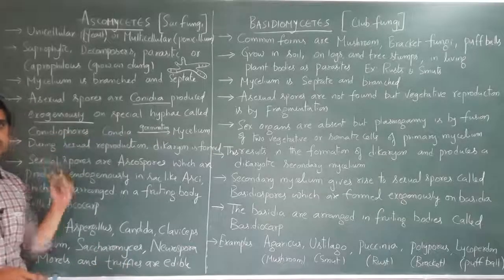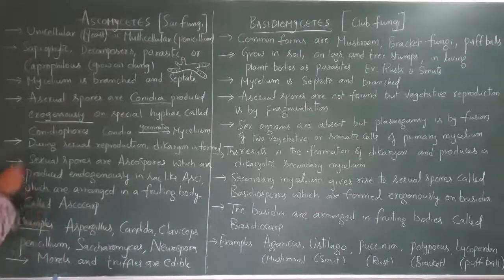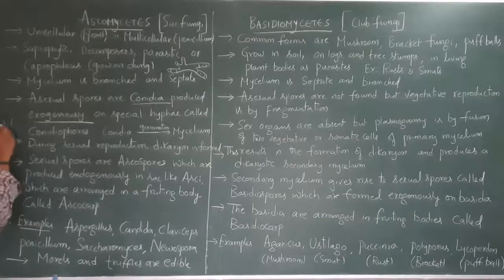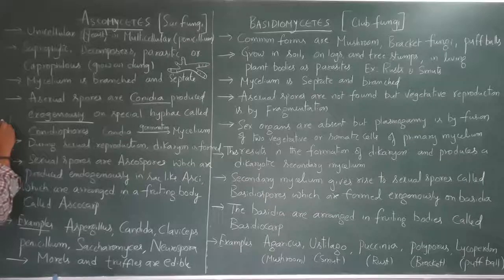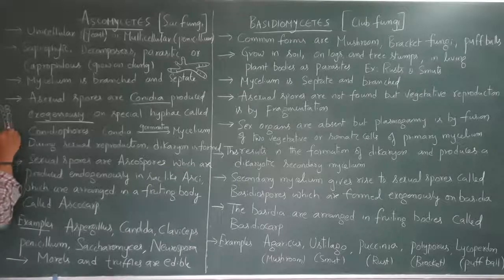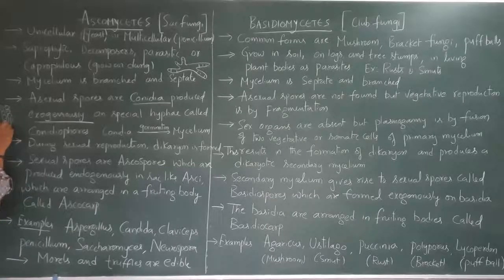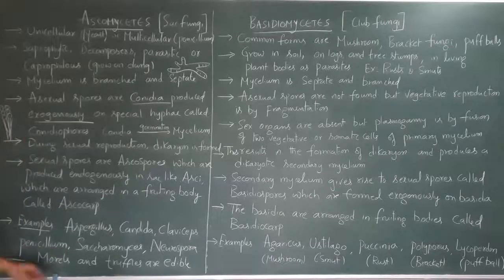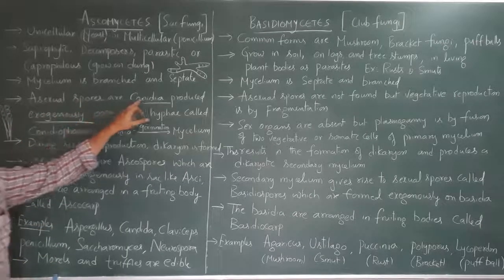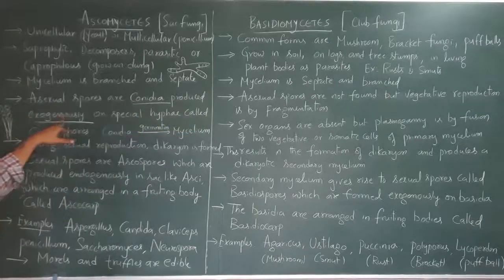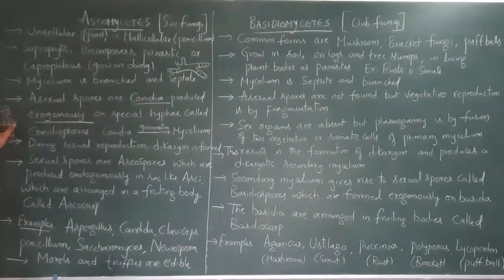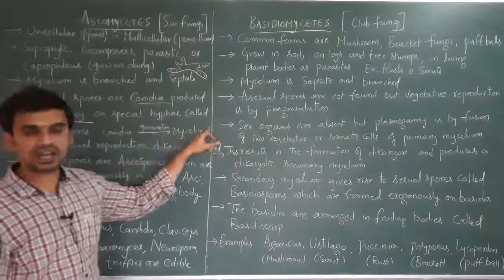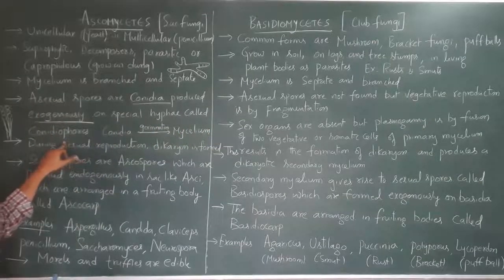Asexual spores are conidiospores or conidia, which are produced exogenously, that is outside, on special hyphae called conidiophores. For example, this is the conidiophore and you can find the conidiospores like this. This structure is called conidiophore. This is called conidiospore.